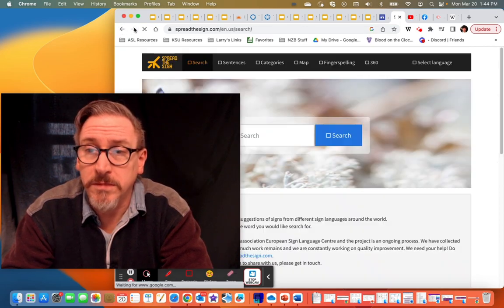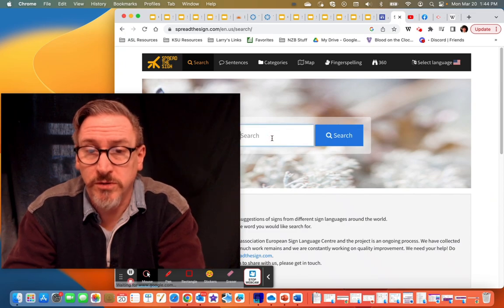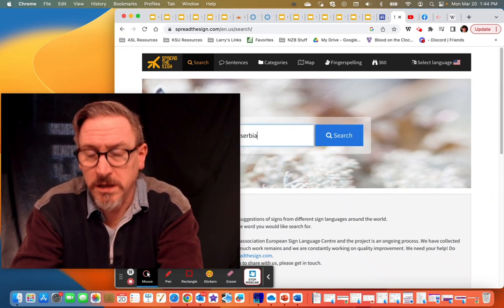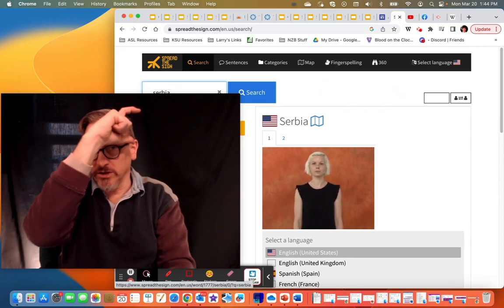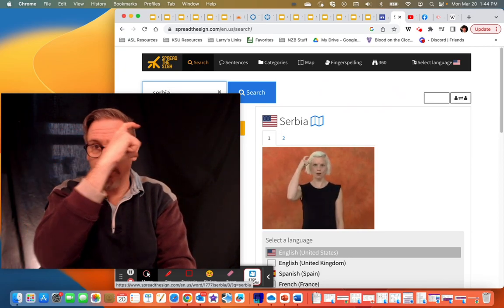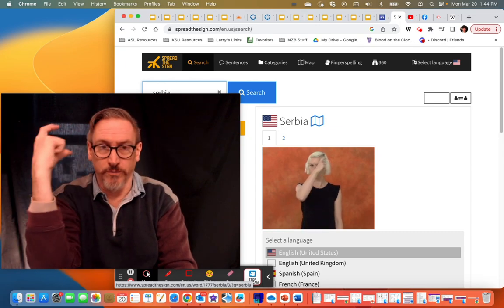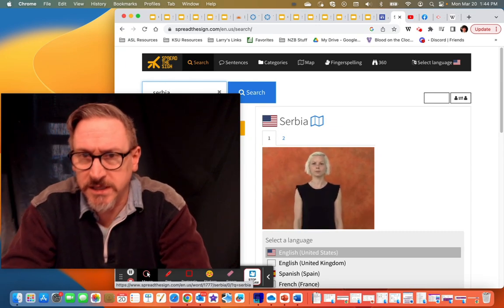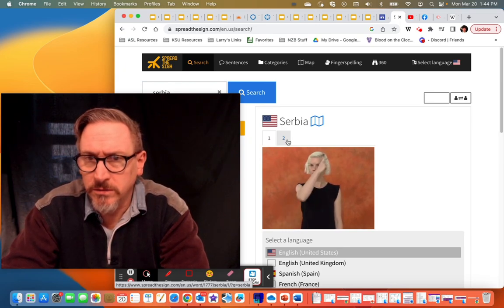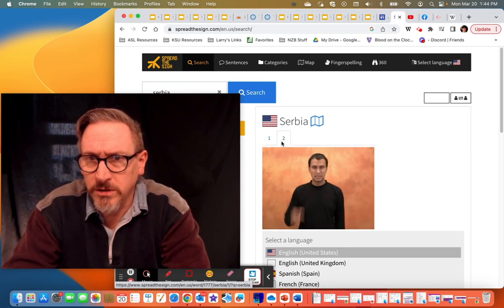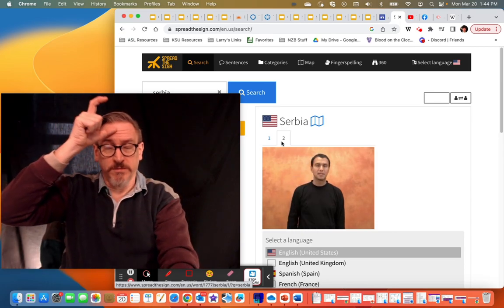All right, I'm going back here. So, Serbia. The sign for Serbia is, and it's kind of hard to see from the drawing, but it looks like a C that goes across the forehead. It's hard to see the thumb in this picture. But if you look at this one here, number 2, Serbia.